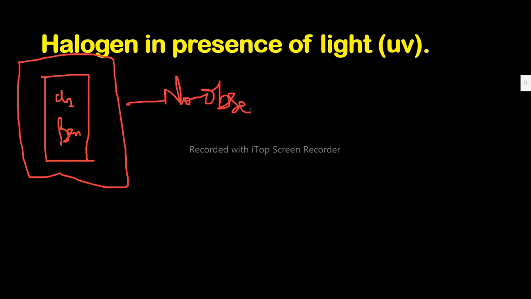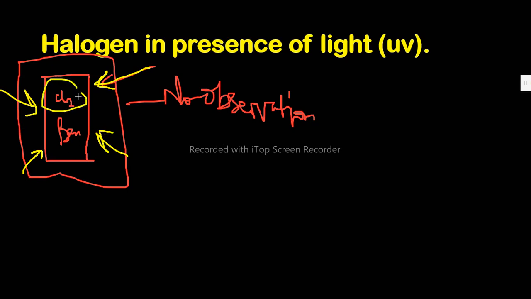The greenish yellow gas remains. But now when you transfer this setup to UV radiations, to sunlight, so that our benzene and chlorine mixture receives some sunlight, then the whole of it will react to form a colorless product. The greenish yellow gas is going to disappear.